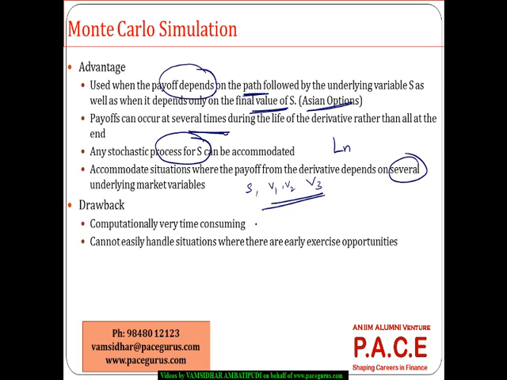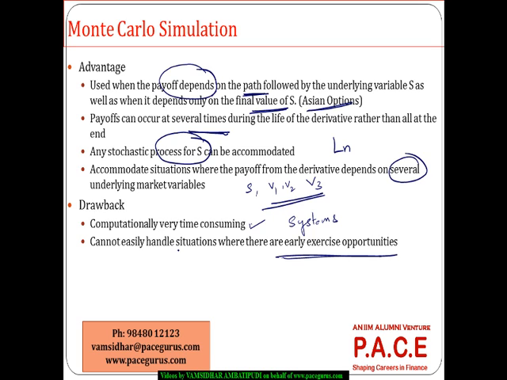But one thing we have to understand: the main drawback associated with it is that computationally it is very time consuming. We require powerful systems to execute it. The other problem is when there are early exercise opportunities, where the binomial tree is much better for evaluating whether I should exercise the option now or take it to the next period.